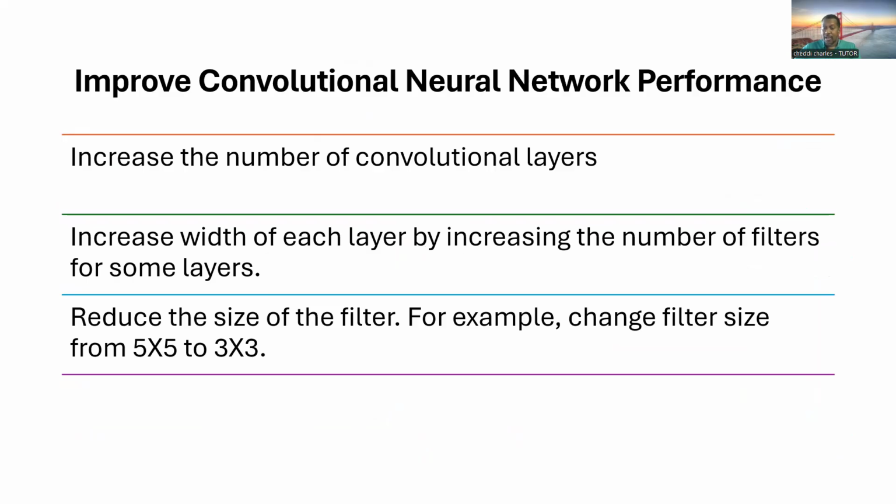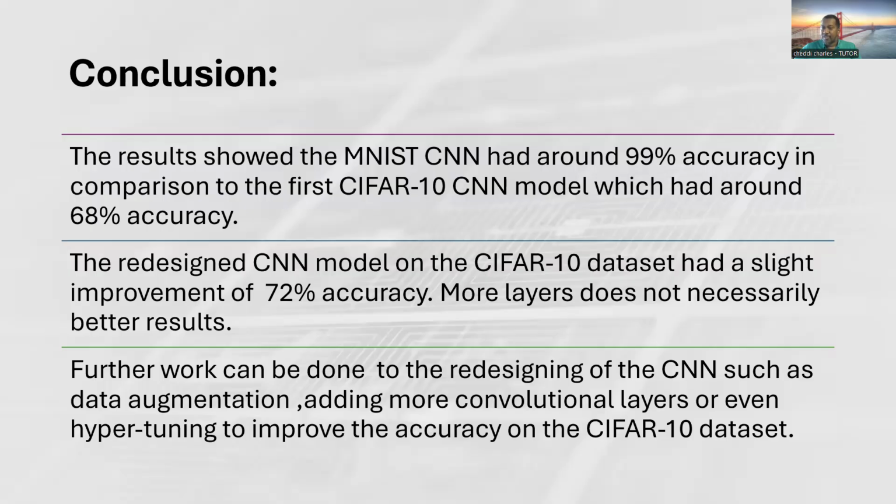Try this out. And reduce the size of the filter, so instead of 5 by 5, 3 by 3. In that way, with a smaller filter, you're able to extract more information. So maybe that might work. I did those things to improve it, and these were the results here.